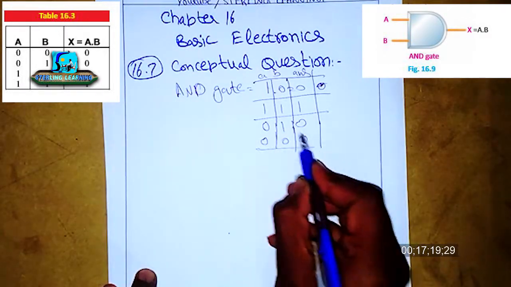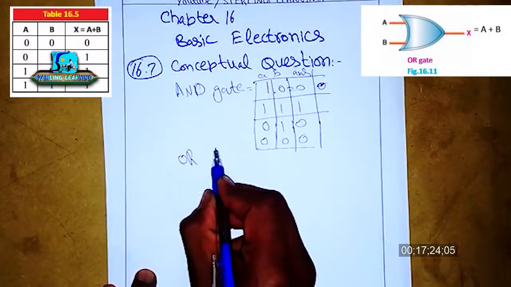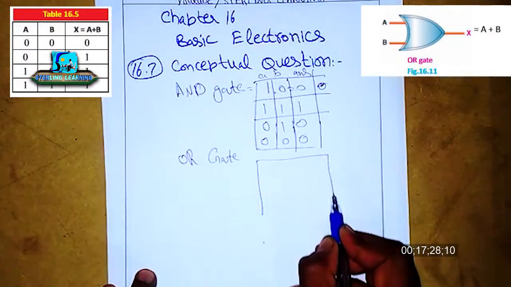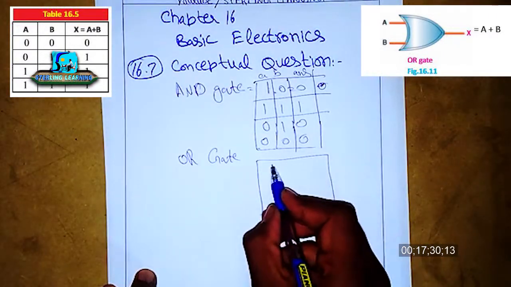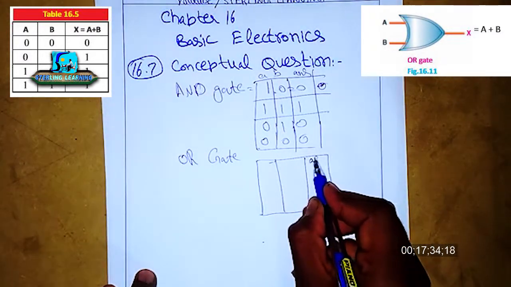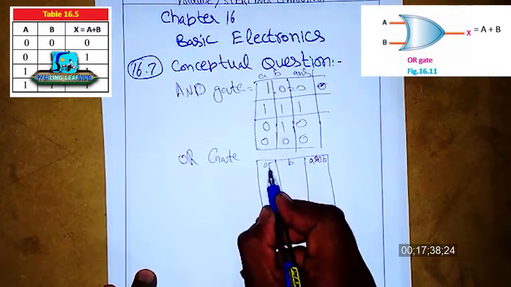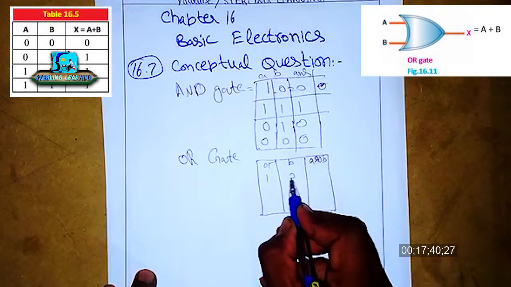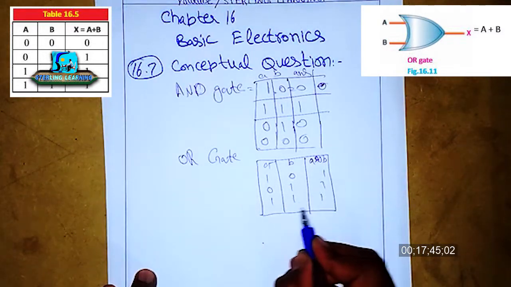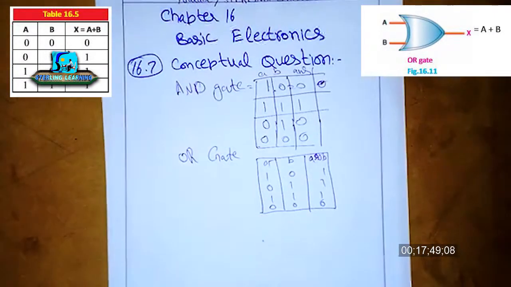This is the AND gate, and one is OR gate. A or B: 1 0 is 1, 0 1 is 1, 1 1 is 1, and 0 0 is 0. This is the AND gate, this is the OR gate.